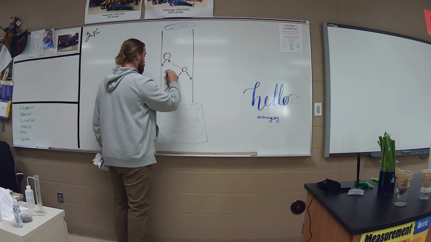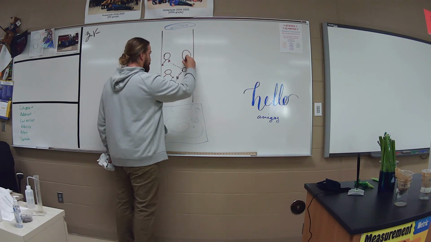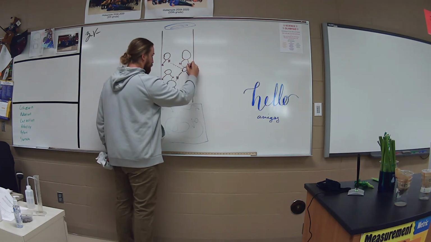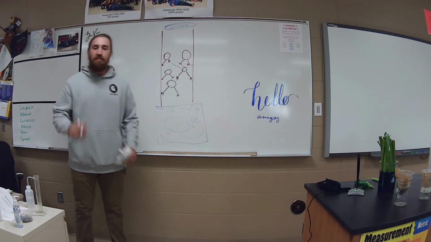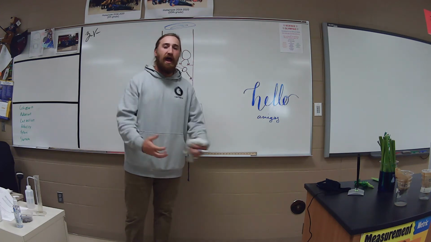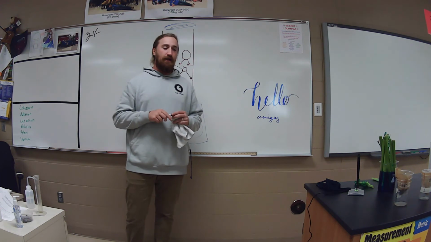We'll have some right here. This will bond, boom, boom, boom. And we can just get this big cluster of bonding and then also bonding to the walls. This is going to make our water move against gravity. So going from cohesion and adhesion and making this into capillary action through the xylem.